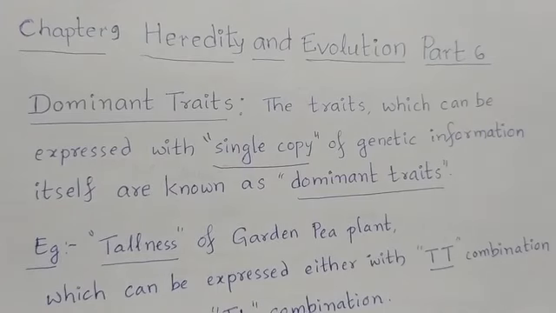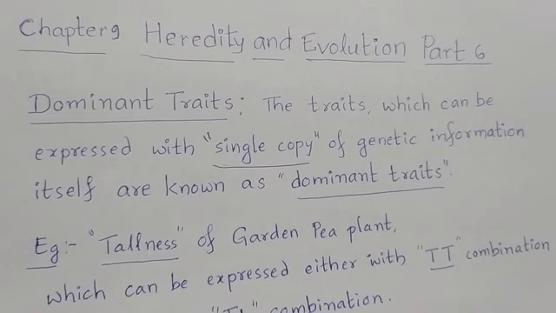Good morning, students. In the previous classes, we have learnt about Mendelian experiments. From them, we have learnt that the tallness trait is expressed even when it has only one copy. Right?